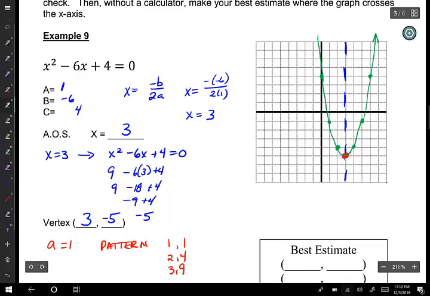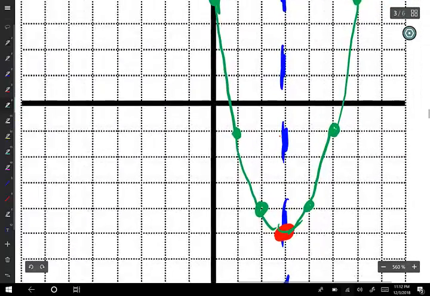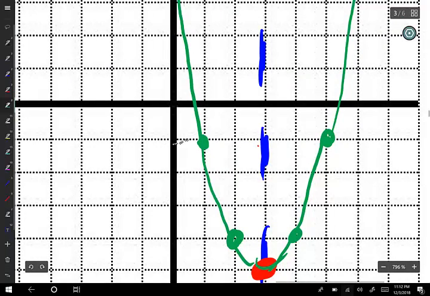The problem is asking us to estimate where this crosses the x-axis. And so estimating where this crosses the x-axis, I know it's going to cross between 0 and 1. And so my best guess is right about there and there. It looks like it's closer to the 1 and closer to the 5. So here's 1, there's 5, here's our axis of symmetry at 3.